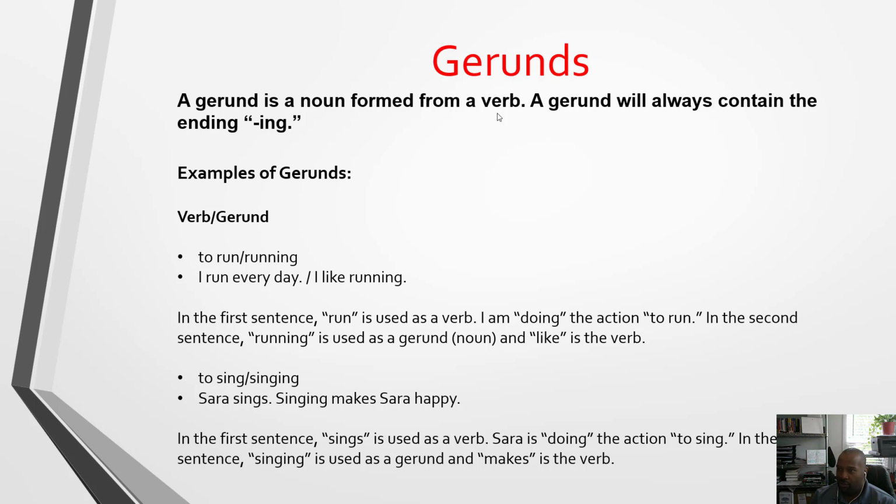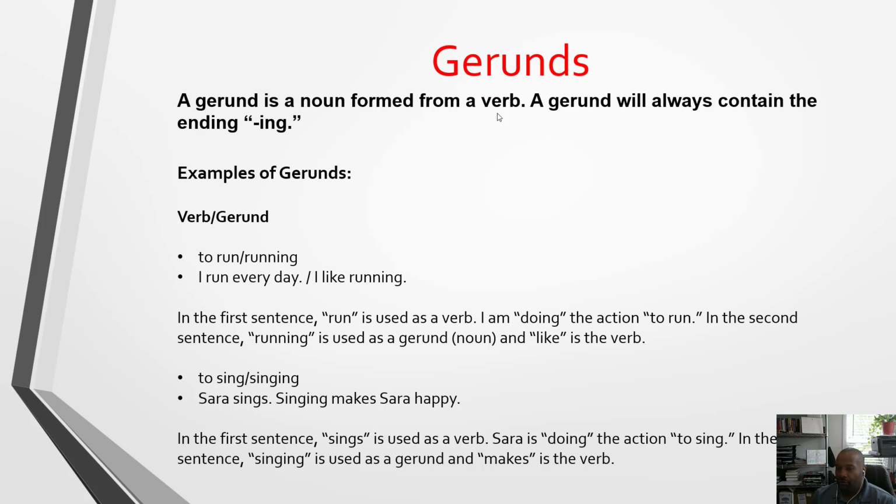But that's not the case with gerunds, because a gerund is a part of speech, like a verb, a noun, adverb, adjective. Okay? So a gerund is a noun formed from a verb, and the verb ends in ing. So let's take a look at some examples of gerunds.